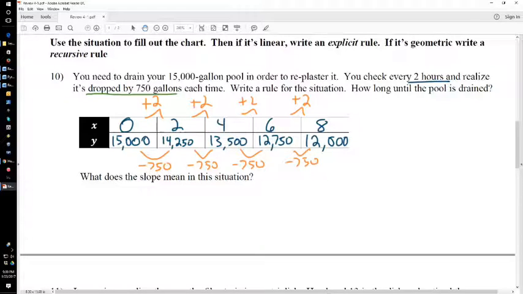So after 8 hours, it's still 12,000 gallons.